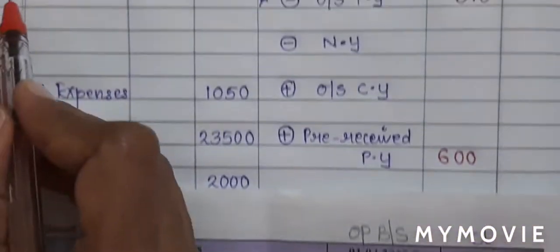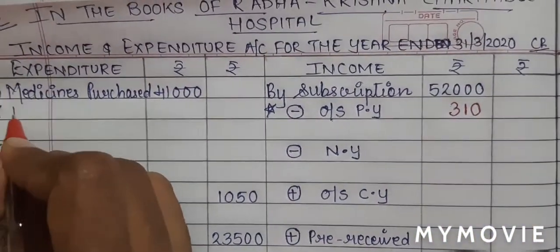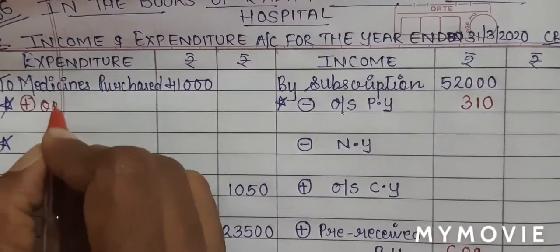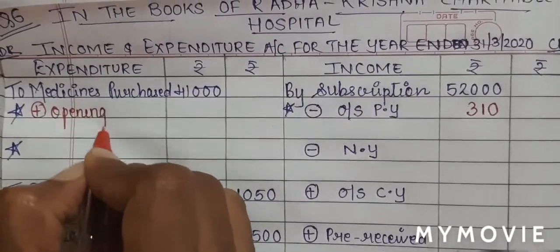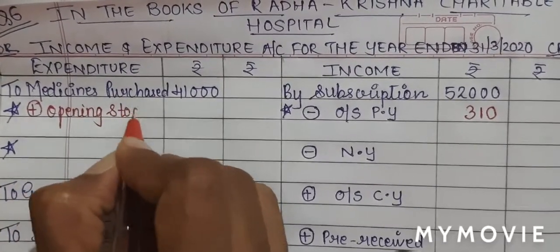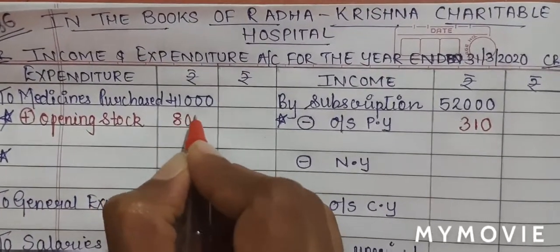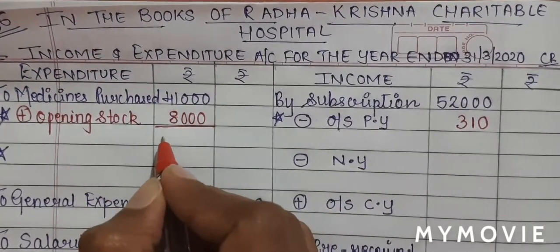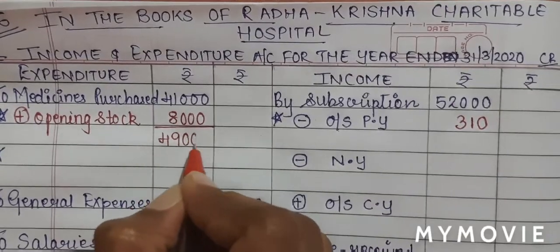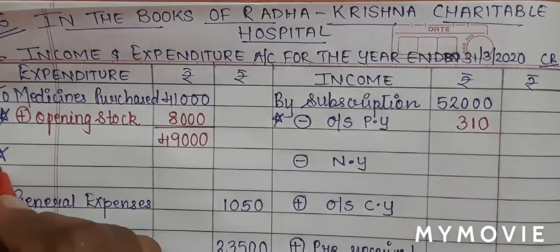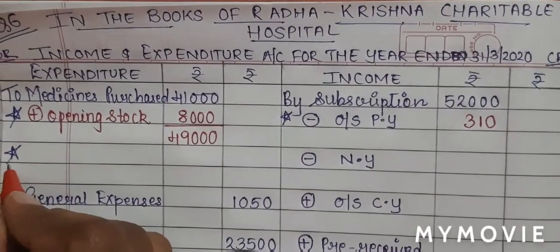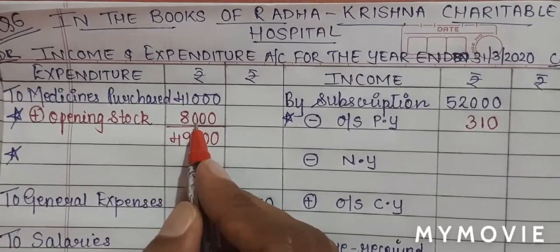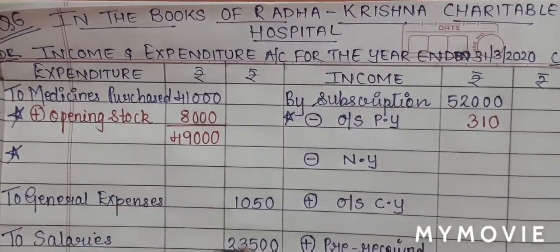So on the medicines, I'll say add opening stock. It's an opening stock of medicine. So add opening stock, 8,000 rupees. 41,000 plus 8,000 will give me 49,000. I'll still write it in the inner column because there is another star and only one effect because it's an opening stock.